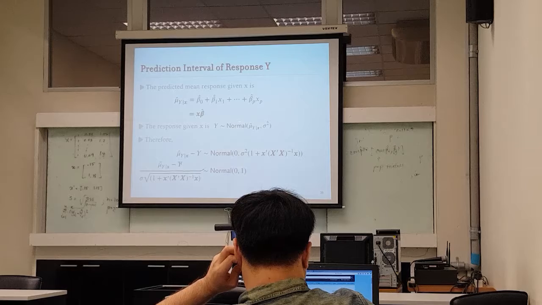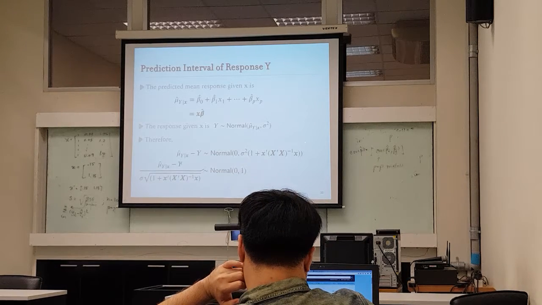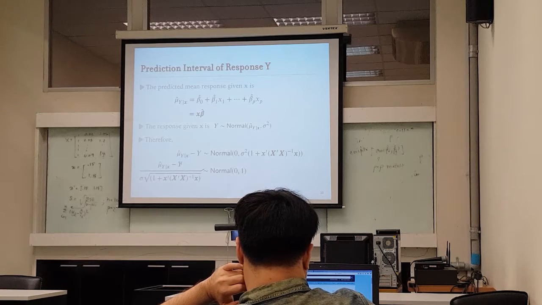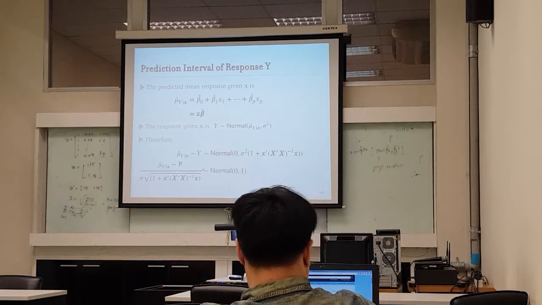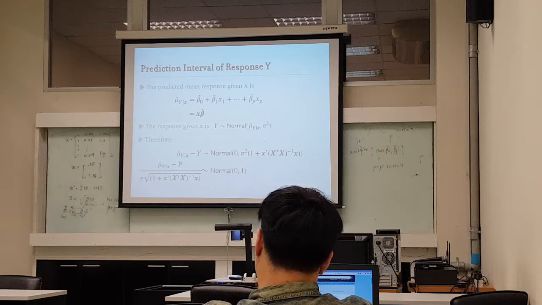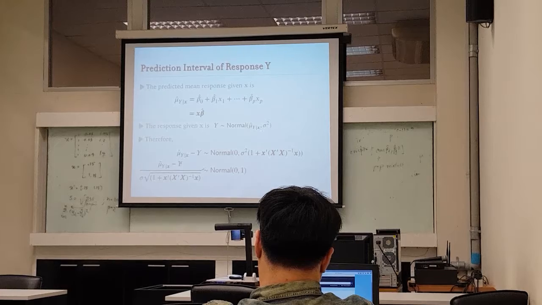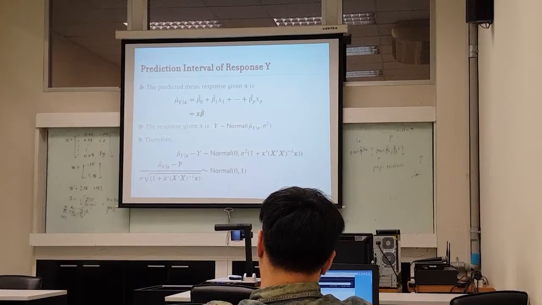Y itself has a normal distribution with this mean and variance sigma squared, because the model is y equals the summation of beta i x i plus epsilon. Right? So the response y itself is normal with this mean and this variance sigma squared.